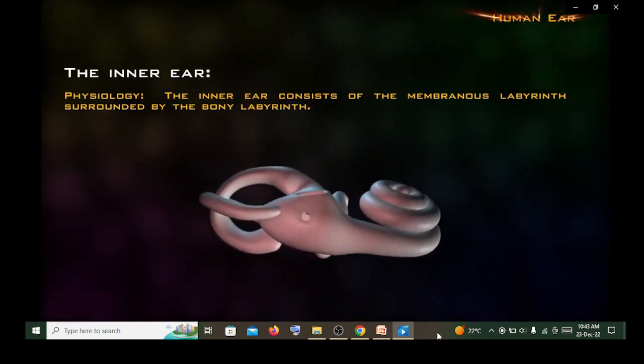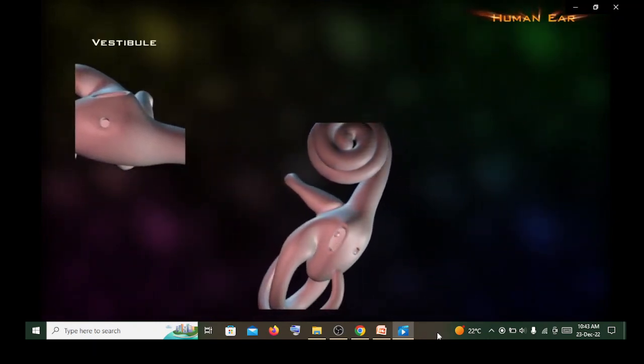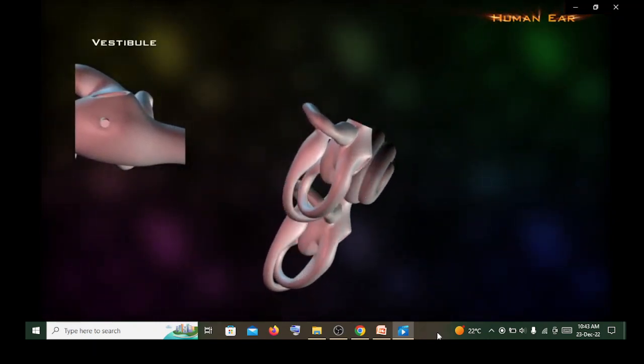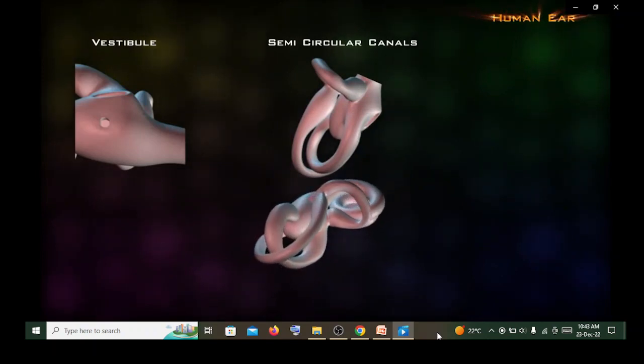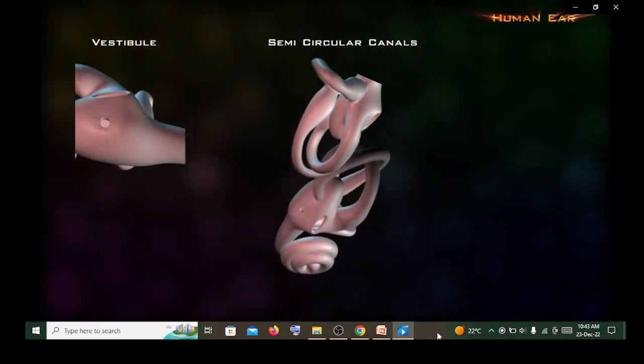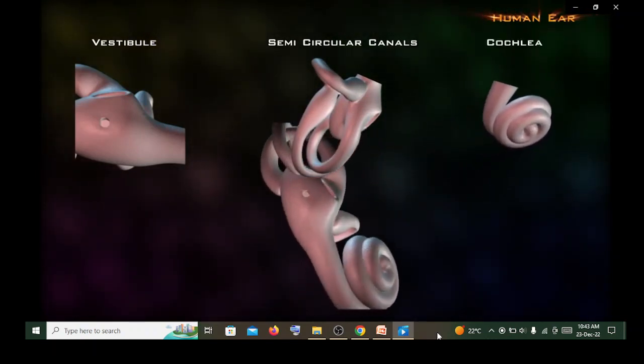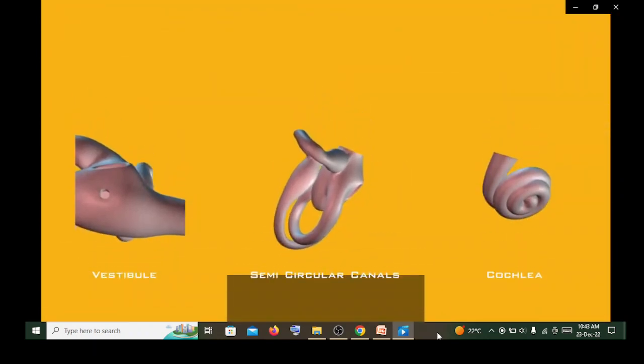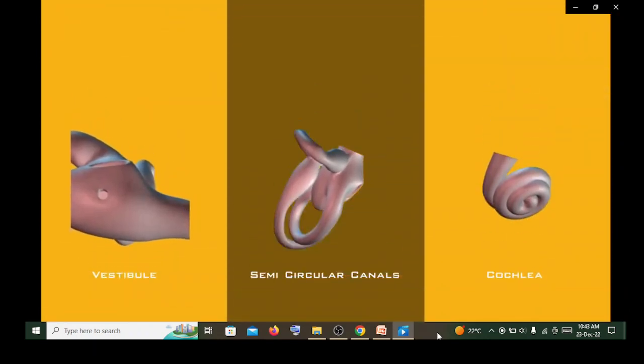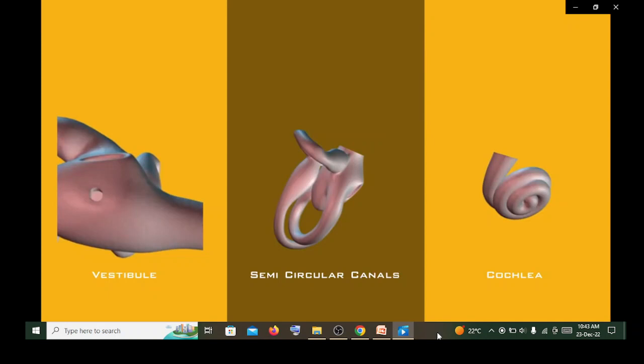The bony labyrinth consists of the vestibule, the semicircular canals, and the cochlea. The vestibule, a chamber in the center of the bony labyrinth, communicates with both the cochlea and the semicircular canals.